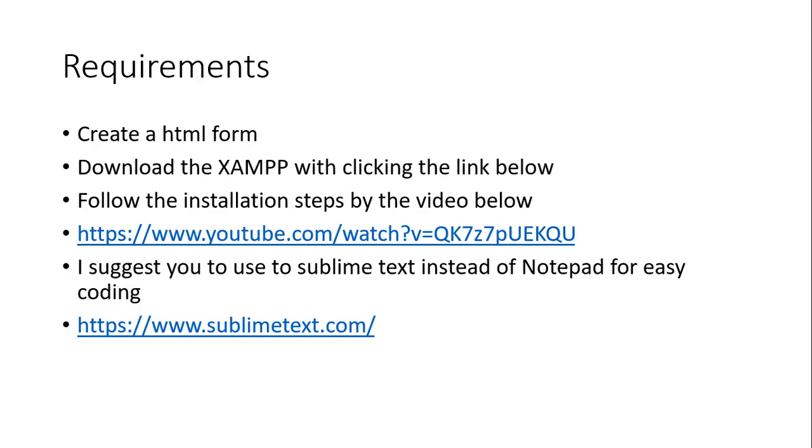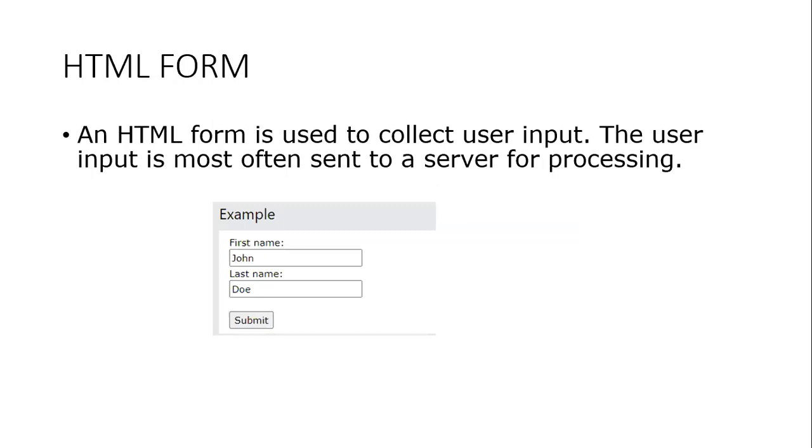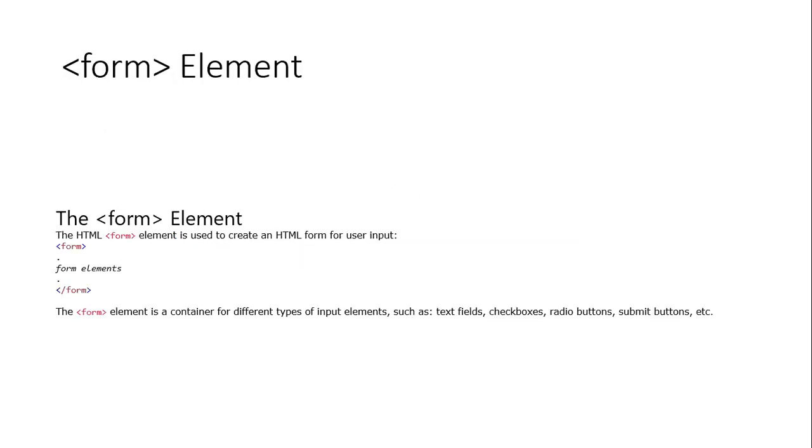So let's get started. HTML form is used to collect the user input. The user input is most often sent to a server for processing, isn't it? So basically it's a kind of labeling. Text boxes, buttons, radio buttons, everything is needed there. We design the form by making use of HTML tags, and it contains various elements. The form element is the ideal one that will be used for creating the form.